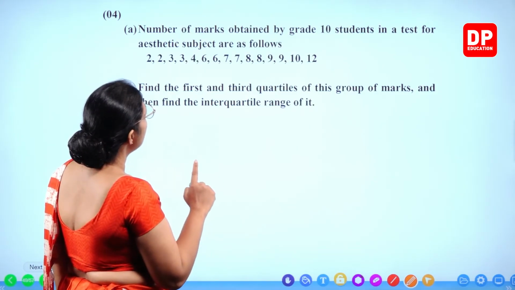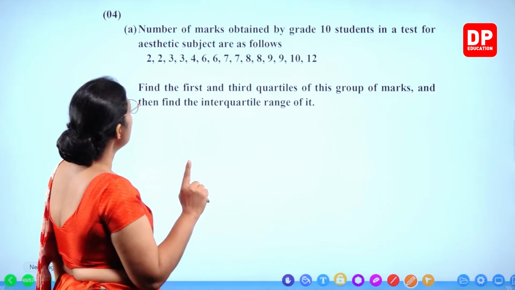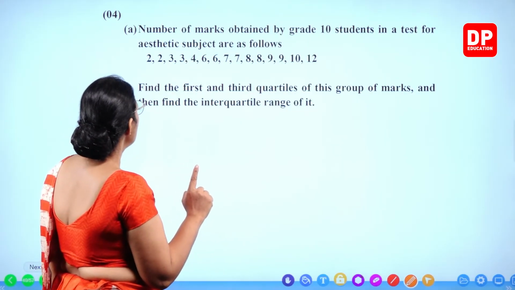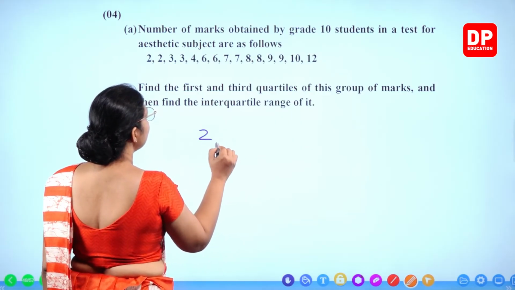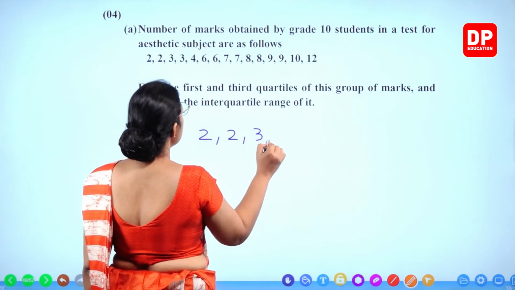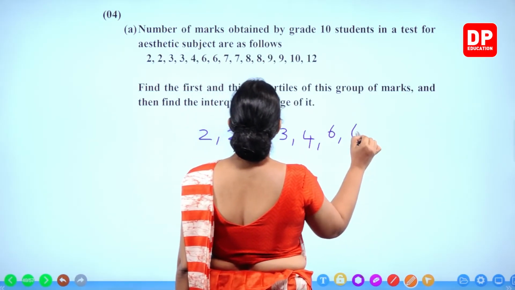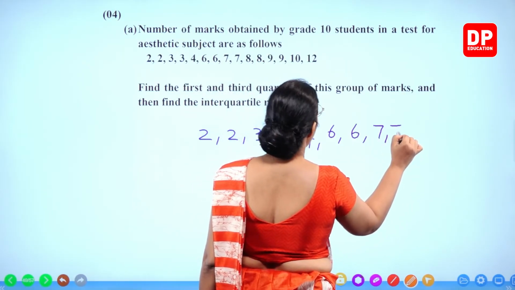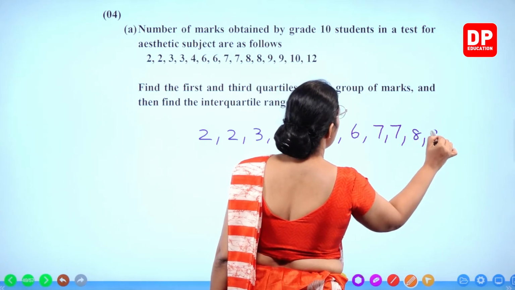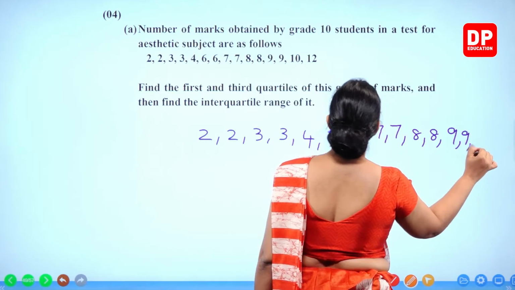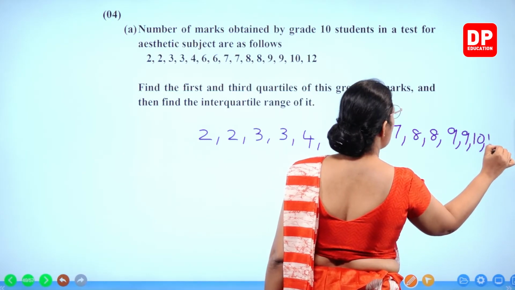So here these numbers are given in order, so you don't have to arrange them in order. When you have the data set in increasing order, you can cross out the corner ones and first find the median. Then you can find the quartiles.